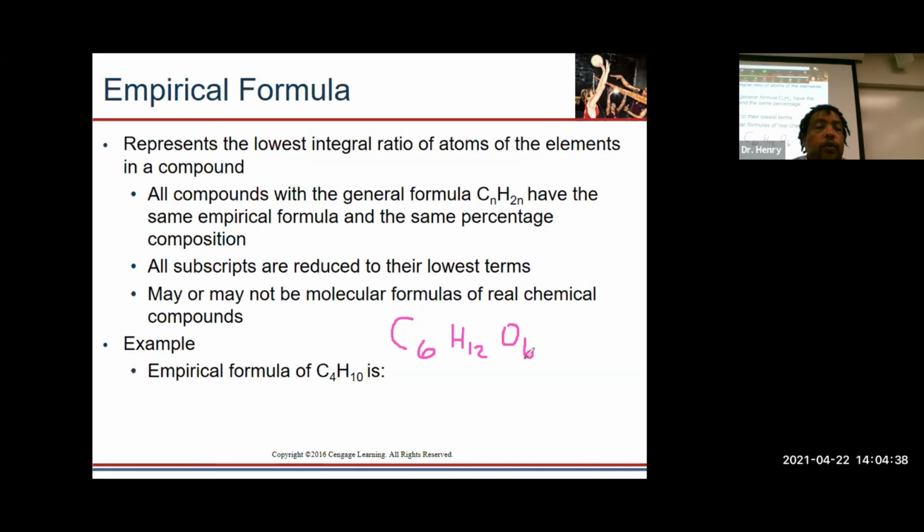Yes. And that's the most that we can divide them by, right? So the empirical formula for this would be CH2O. So it's the lowest integral ratio between the elements in that compound.